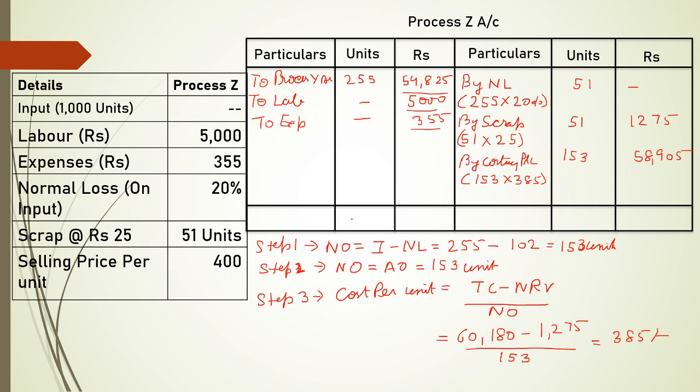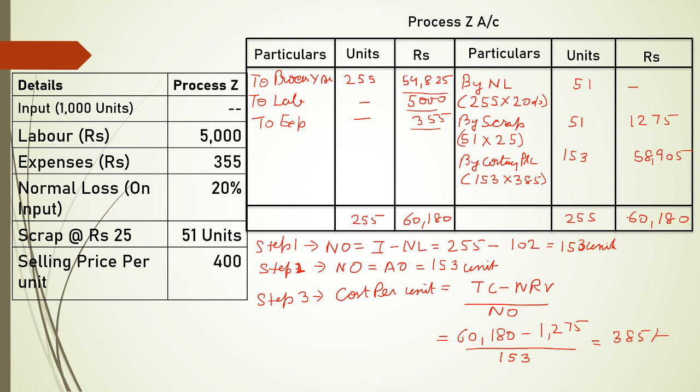So again we total the debit and the credit side, 255 in units, and in amount 60,180. The same amount on the credit side, 60,180 rupees.